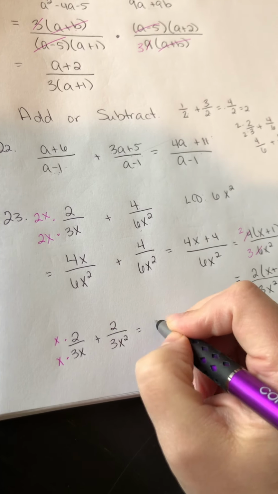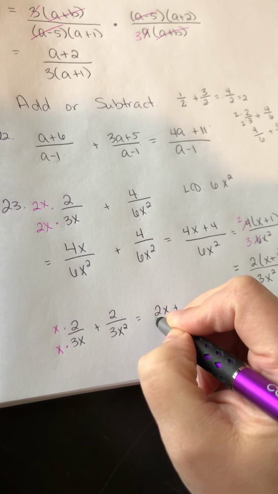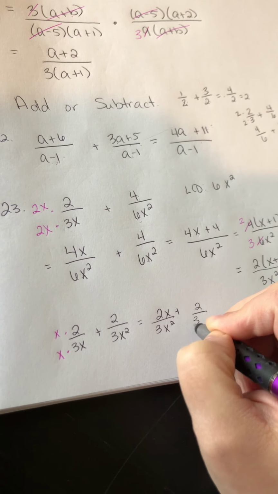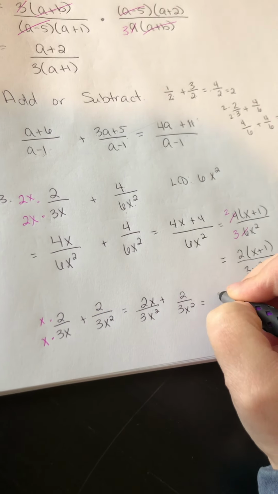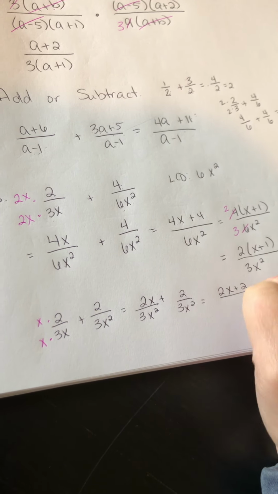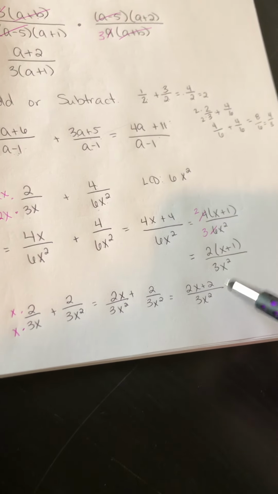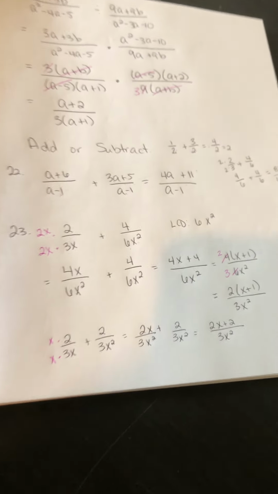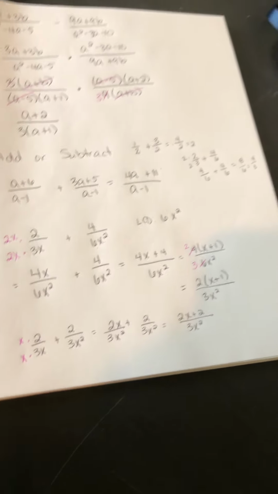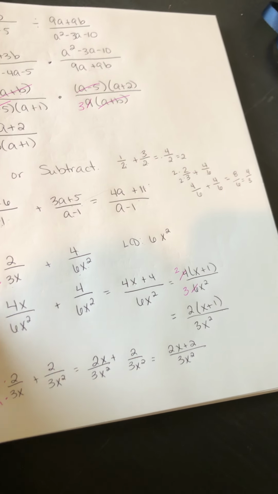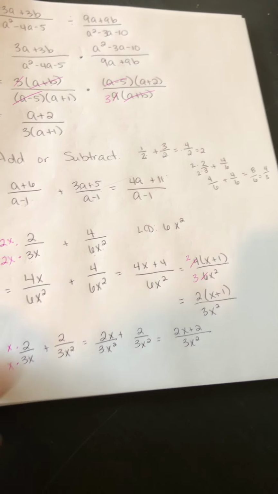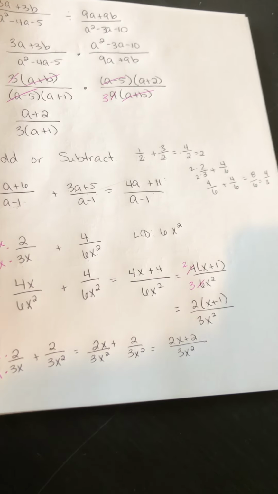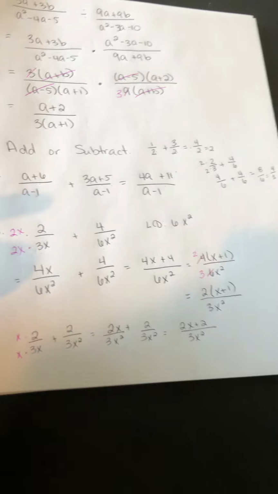So I would have 2x over 3x squared plus 2 over 3x squared, which would give me 2x plus 2 over 3x squared. And I could factor out the 2 to still get the same answer. So you get the same answer either way. So for these, remember, like I said, you use the bigger exponent as your least common denominator. So just like you do with numbers, even if it's a variable, you just multiply to turn one of them into the other.